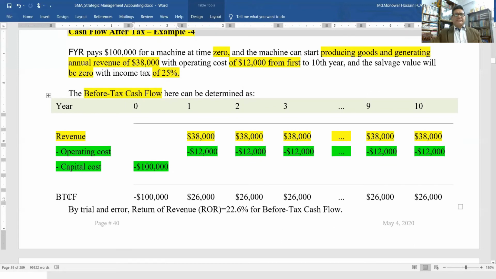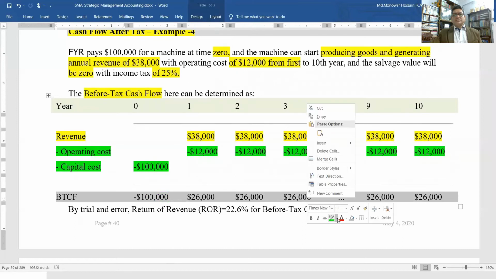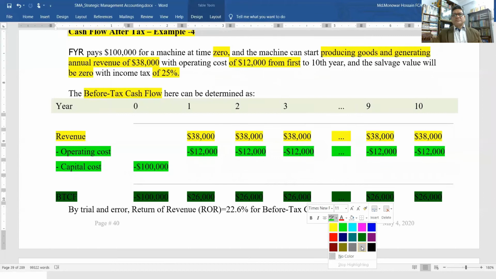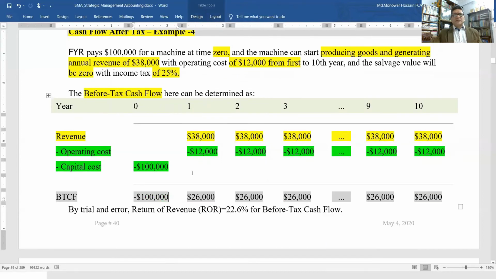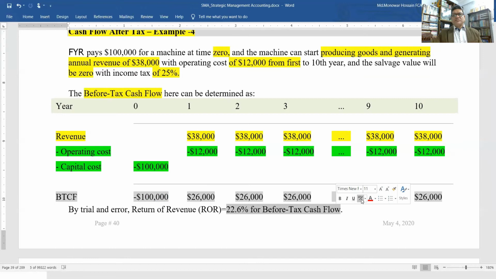So before-tax cash flows, look here, in each year, that means in year 1, 26,000, up to 10 years, 26,000 every year. So on a trial and error basis, if we calculate the return, we get 22.6% before-tax cash inflow. So, okay.